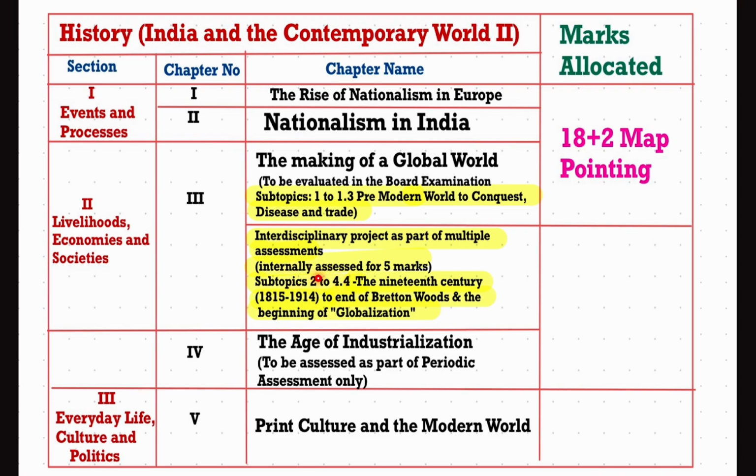These topics are internally assessed for 5 marks as part of the interdisciplinary project. That means in the board exam, from the making of a global world, only 1 to 1.3, pre-modern world to conquest, disease and trade, are evaluated.